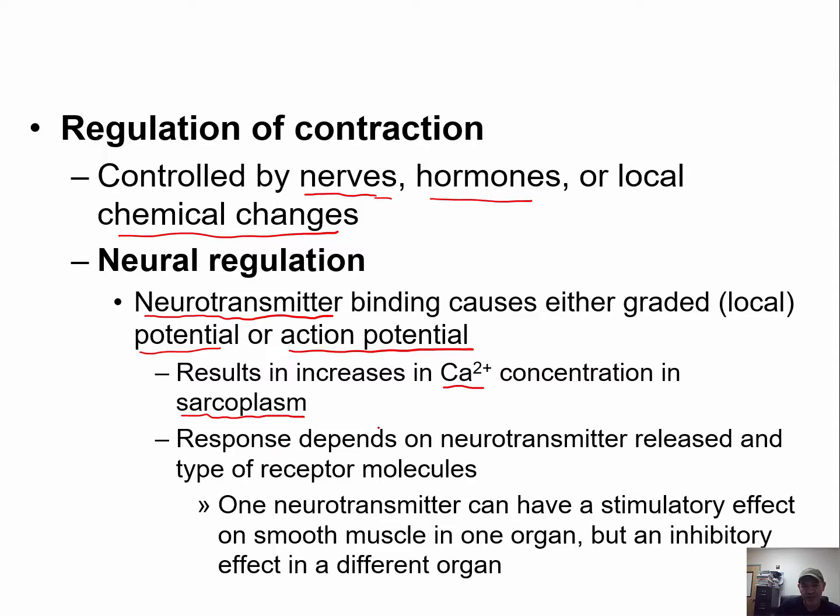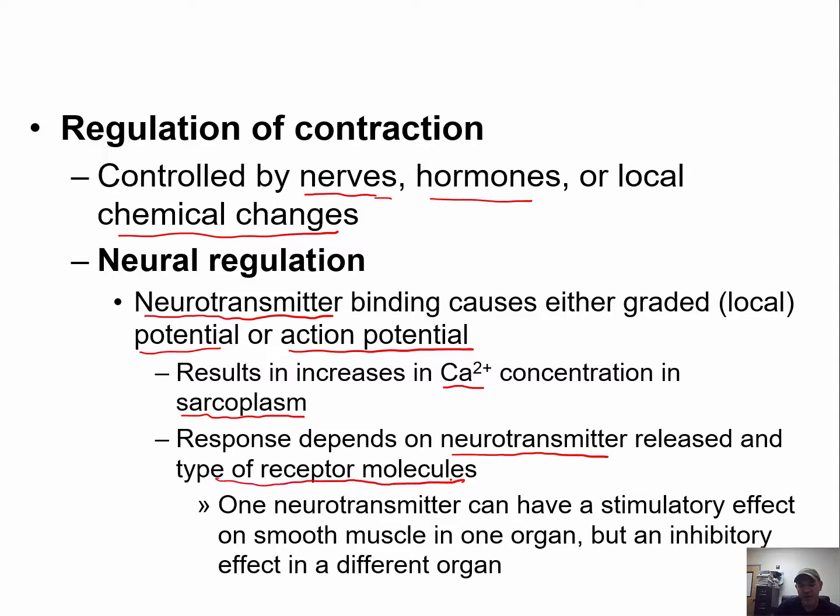Now, response depends on the neurotransmitter. Unlike skeletal muscle, where you only have one neurotransmitter, acetylcholine, and the only response is to excite the membrane and get a contraction, in smooth muscle the response depends on which kind of neurotransmitter we're using, as well as the type of receptor.